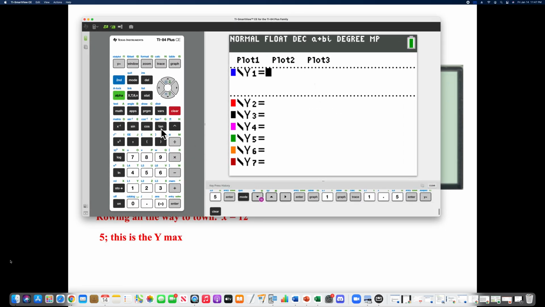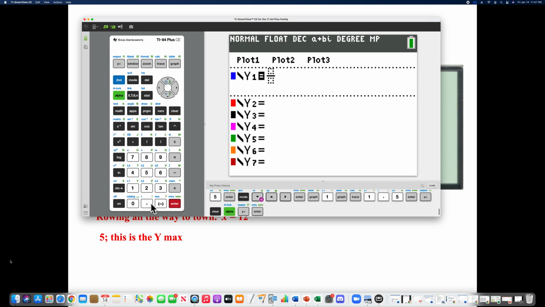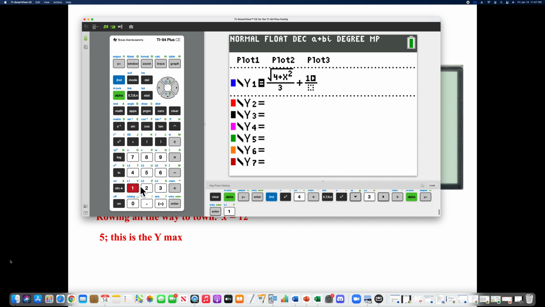So our function, we need a fraction, alpha y equals number 1, and that was second square root of 4 plus x squared, all over 3. Then we're going to add to that the fraction, alpha y equals, to get our fraction command, 12 minus x on the top, all over 5.